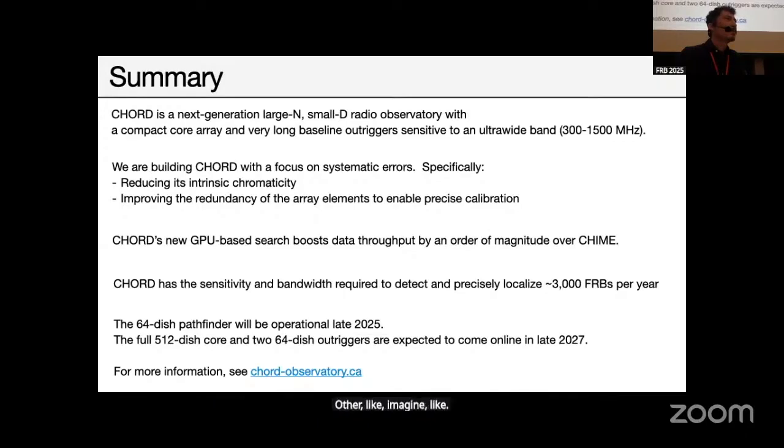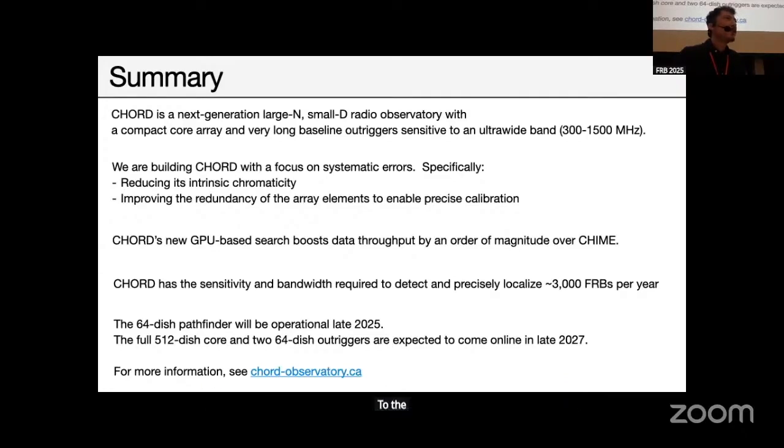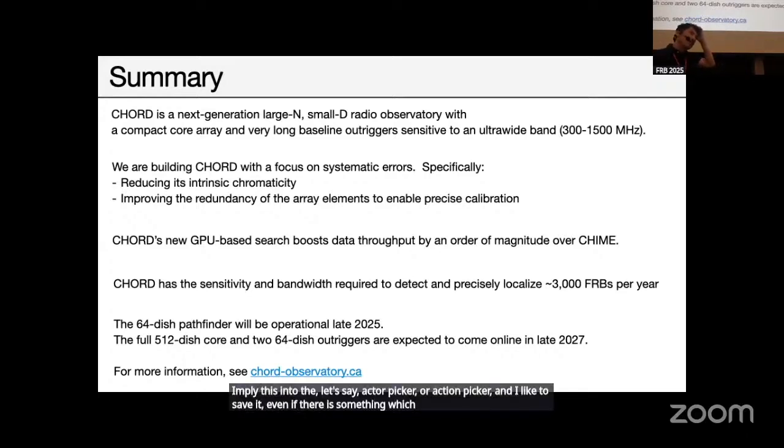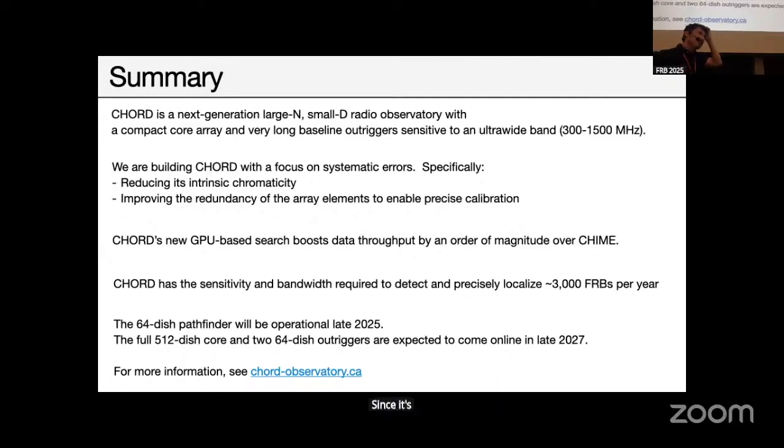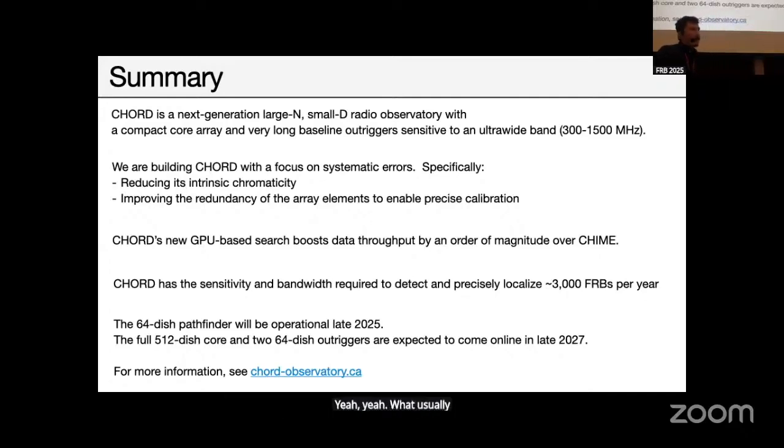Imagine, like in gamma ray bursts, they have the GCN networks, where you're not only sending emails but directly listening to the stream of the immediate event, so you can build this into the action picker, to save the data even if it could be rejected. Since it's 100 seconds, it's more or less the time for the signal to come from the satellites to the ground stations and be distributed around. So it's usually 1 minute that optical observatories take for a rapid follow-up. So this could be an option.